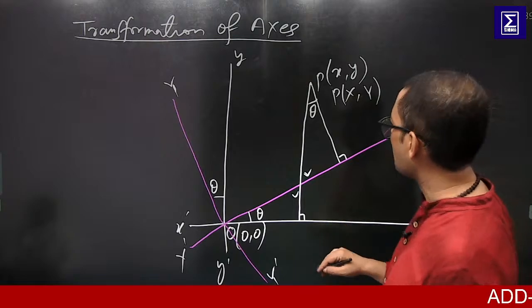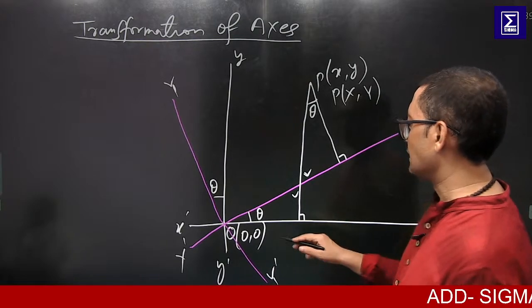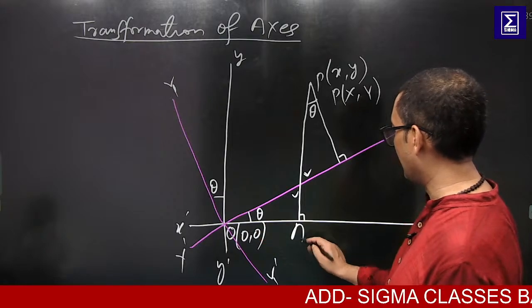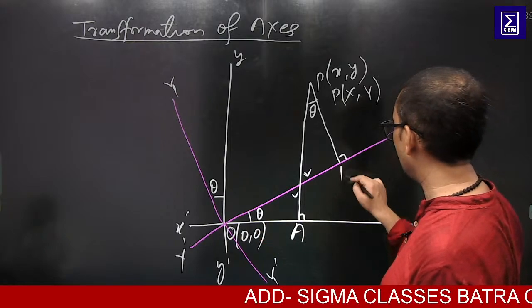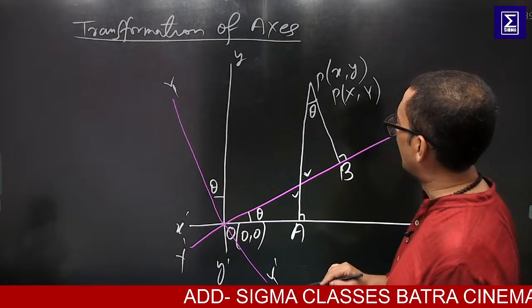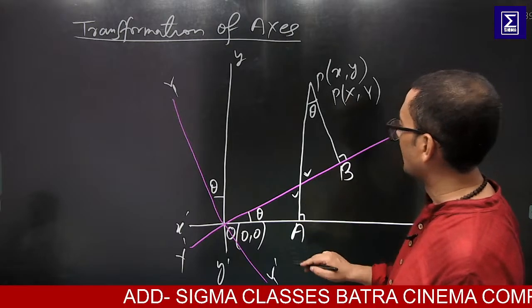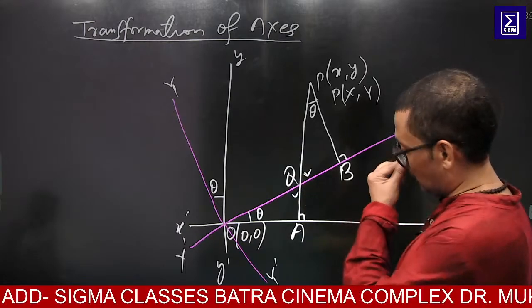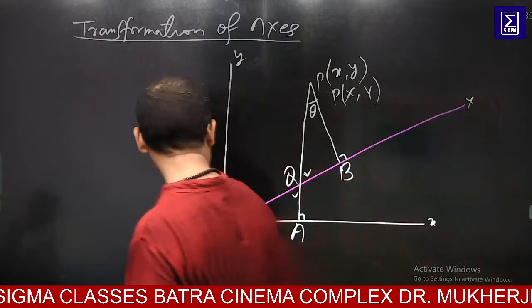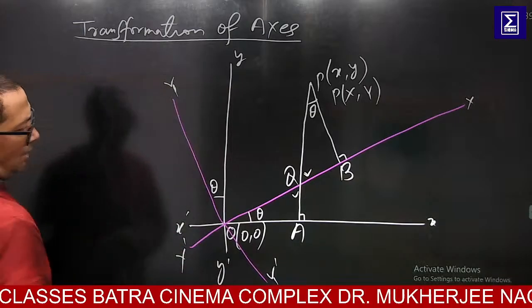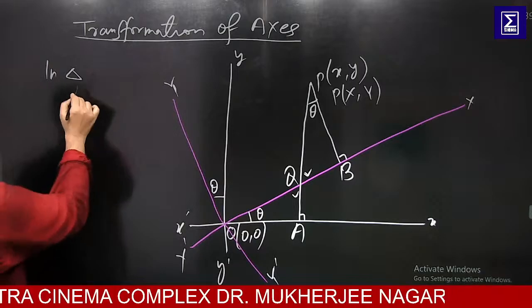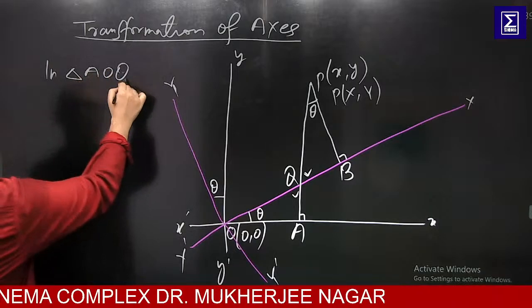So here we have to look at this triangle. Let this be A, this point be B, and here let it be Q. Let's talk about triangle AOQ.